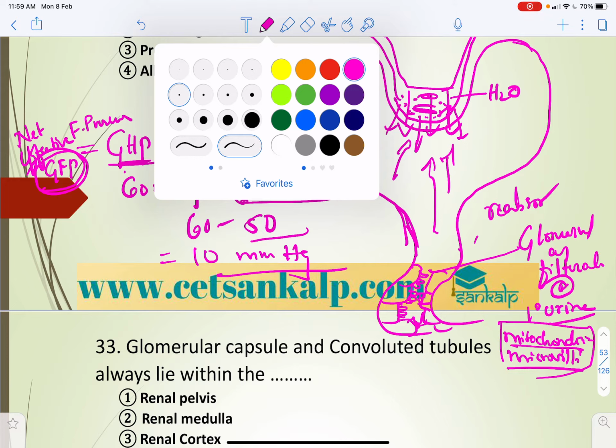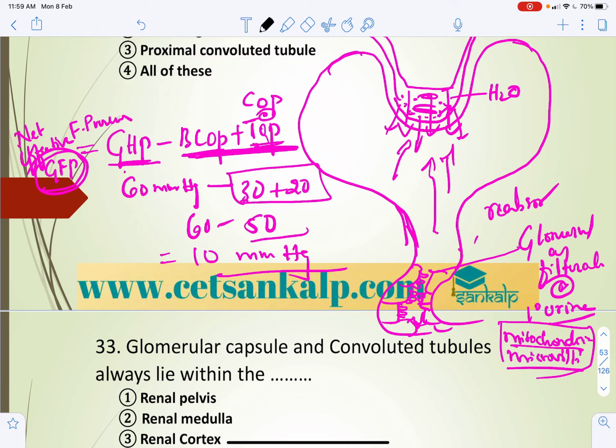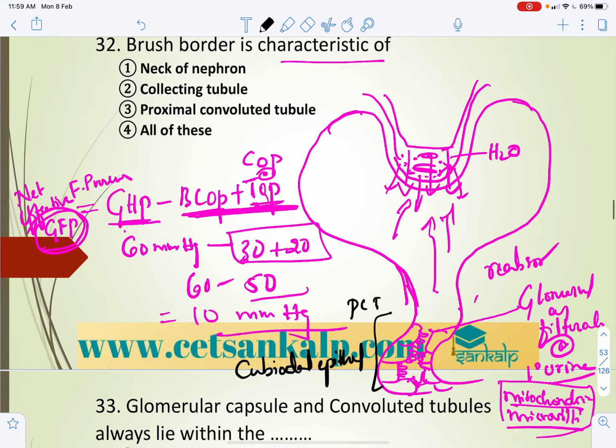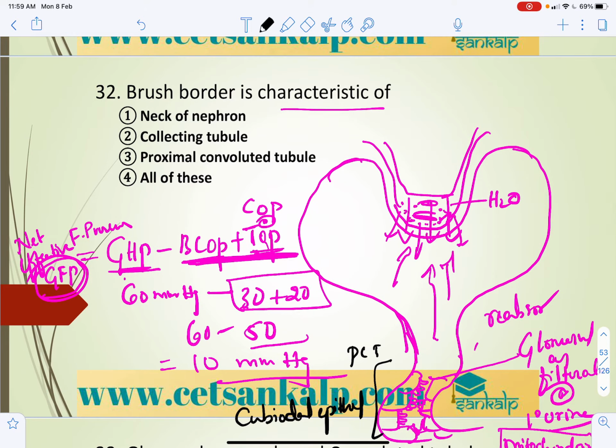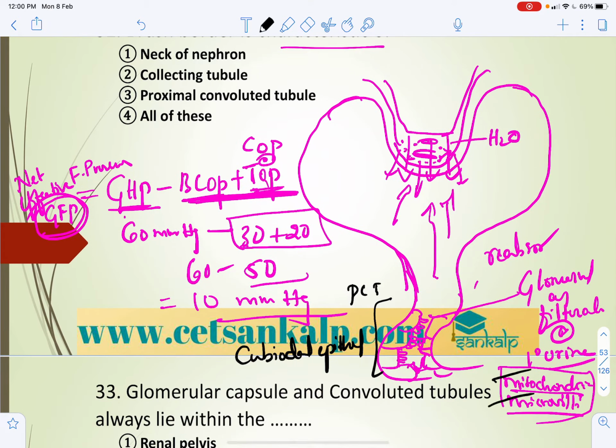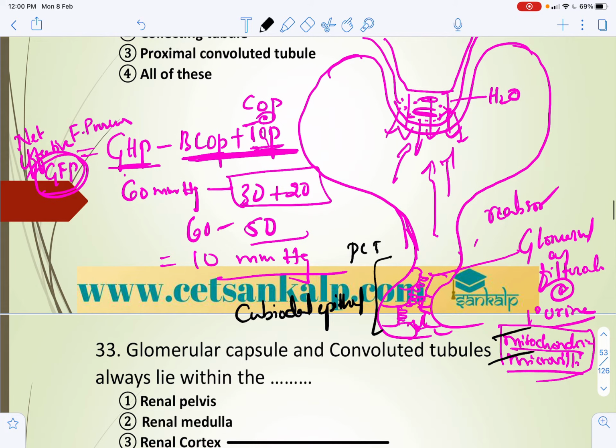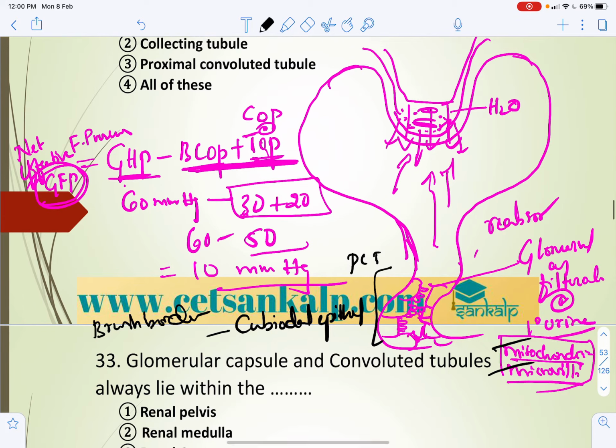So here I can mention the PCT is lined by cuboidal epithelium with microvilli, and the microvilli give the brush border appearance.